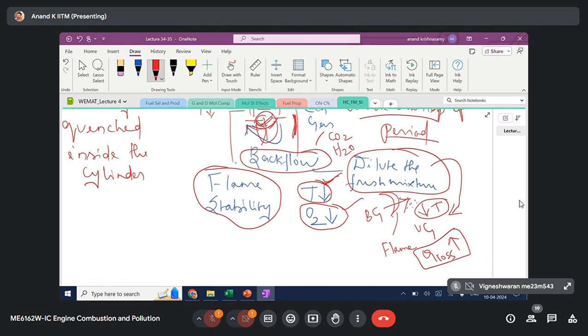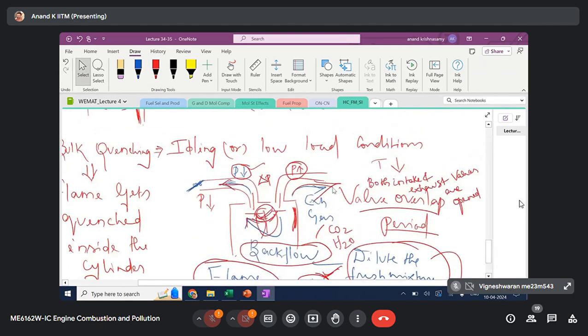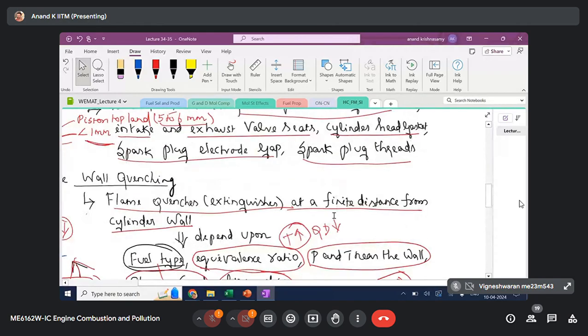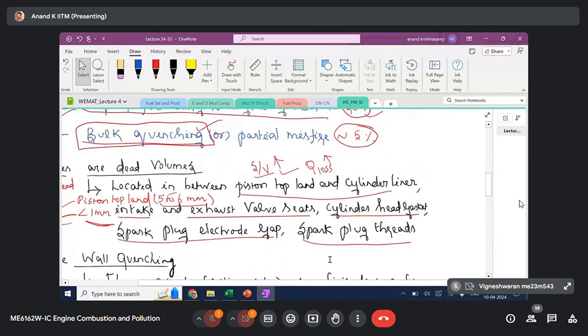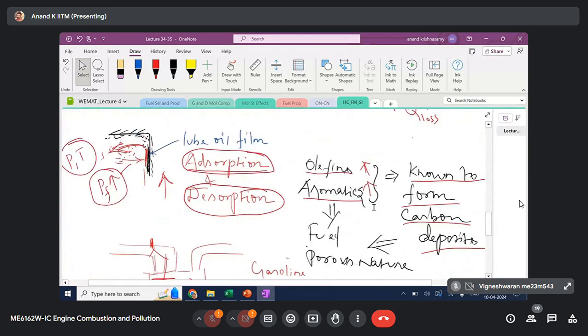Now you can imagine the level of unburned mixture, because since the flame is quenched, a large proportion of unburned fuel or mixture will be carried away through the exhaust gas. During the exhaust period, you will have a very high level of SC. Fortunately, it happens only during certain conditions, during transient conditions wherein flame stability is very poor.